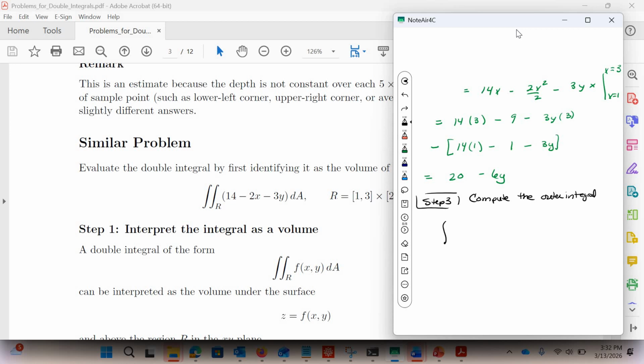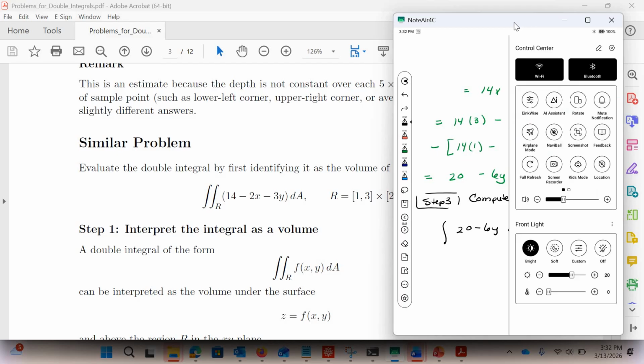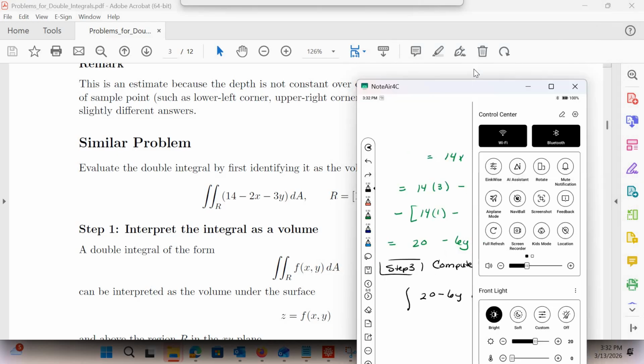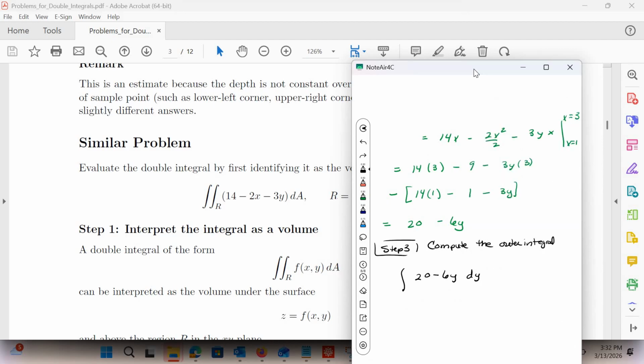All right, now we compute the outer integral. You take the thing that you just got in step 2, dy, and the limits for the dy were 2 to 4, right? You punch those through and you have another arithmetic problem. 20 minus 20 cancels out.